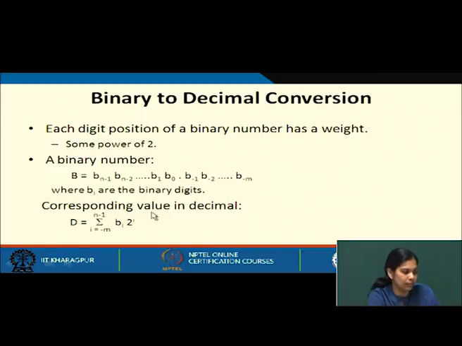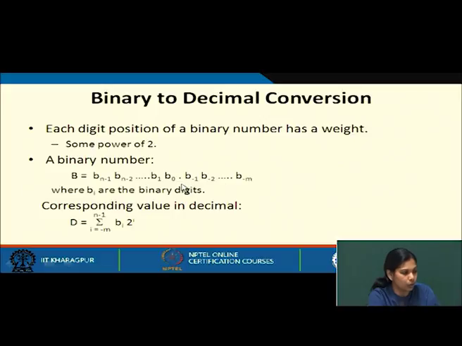The corresponding value in decimal will be all these binary digits multiplied by 2 to the power i. If the digit is B0, then B0 into 2 to the power 0. If it is B1, then B1 into 2 to the power 1, and so on.